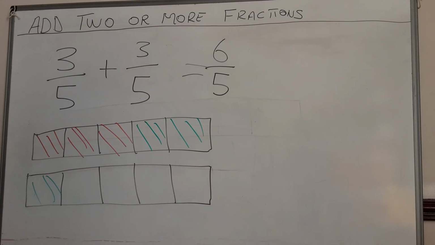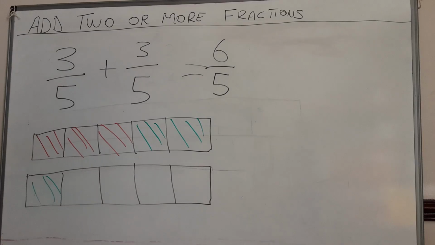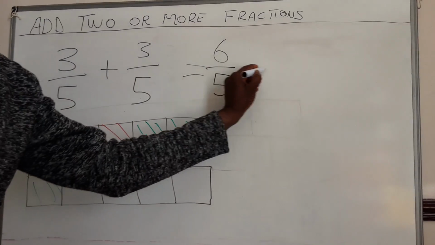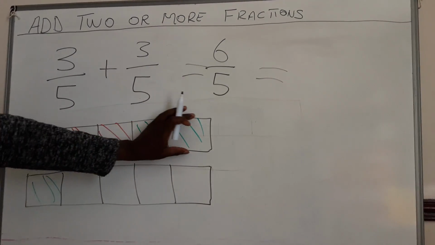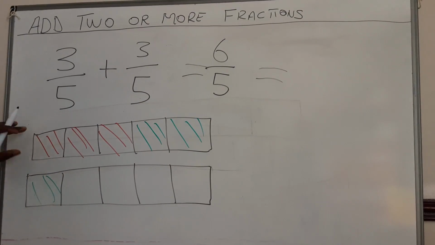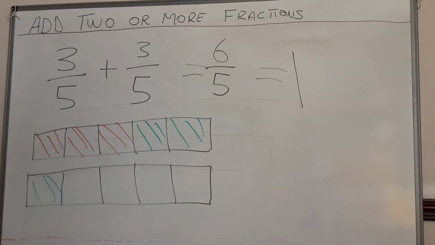In our previous video, we learned how to change or convert an improper fraction into a mixed number. So we can change this into a mixed number, and to change it is quite easy. We have 1 whole bar being shaded, so we put a 1 here.